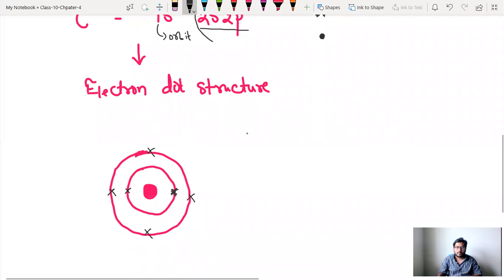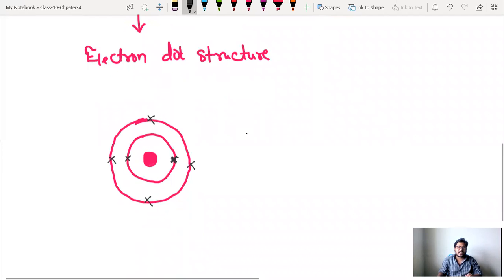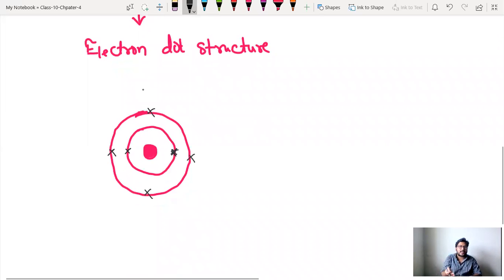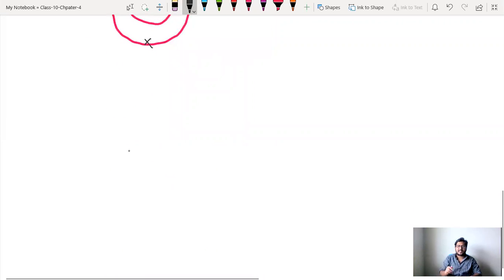Next. Now, electron dot structures is not important in your 10th class to draw bondings. To draw bondings, we should not consider electron dot structure. This is just for your information. I have drawn. We are not drawing any electron dot structures. We need to draw structures representing bonds or representing valency electron.